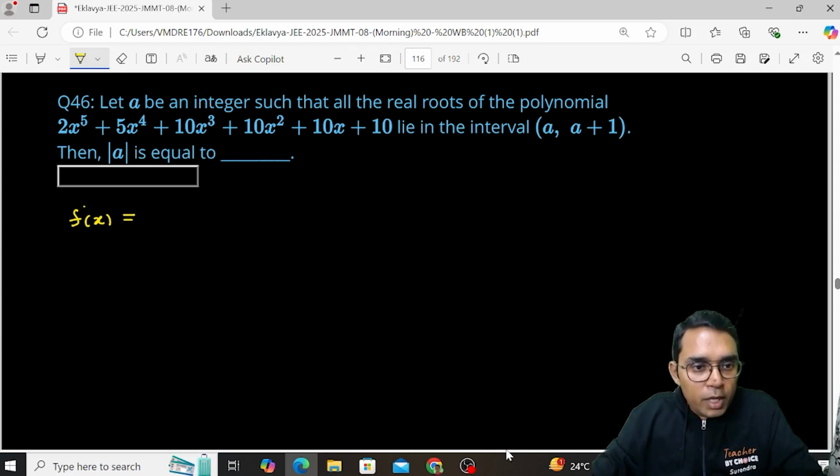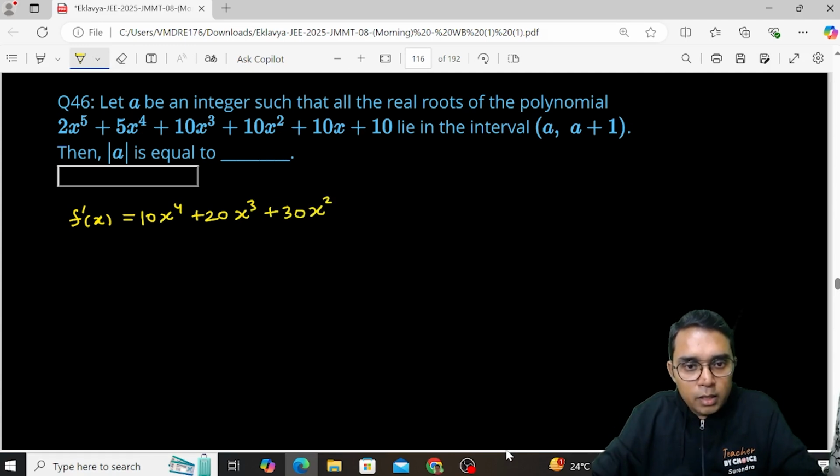Now to find how many roots it can have, we will do the differentiation of this, which gives you 10 times x power 4 plus 20x cube plus 30x square plus 20x plus 10. Now you can see the coefficients from both ends are same, like 20, 20, 30.